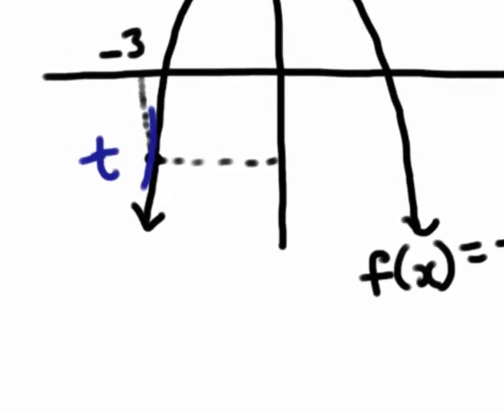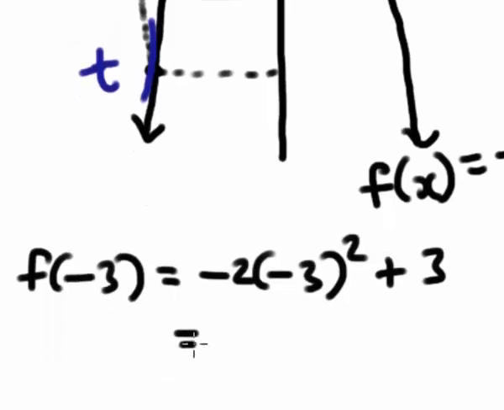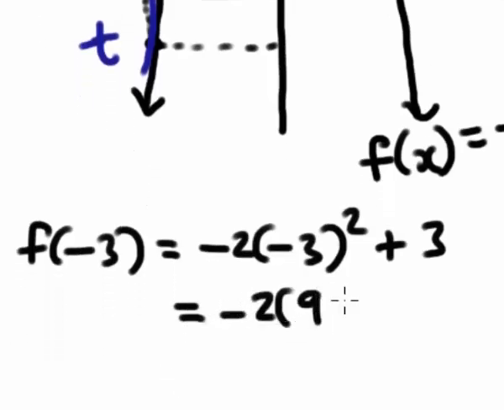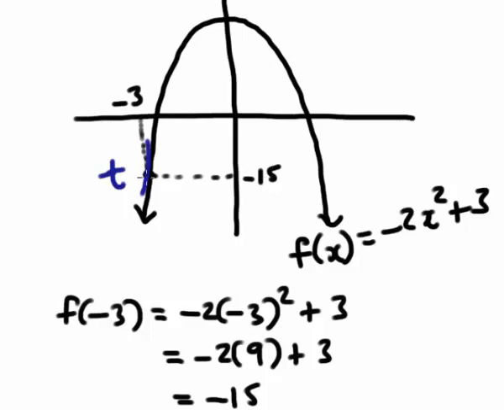Just a matter of interest. f of negative 3 is the y value, which would be negative 2 times negative 3 squared plus 3, which is negative 2 times 9 plus 3. That's negative 18 plus 3, which is negative 15. This is not to scale, by the way. So the point on the curve is x is negative 3, y is negative 15.